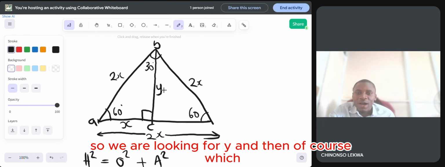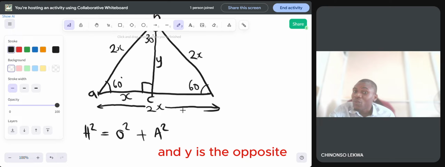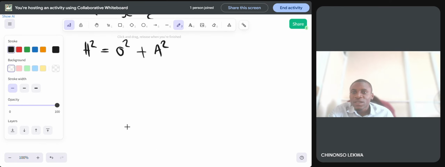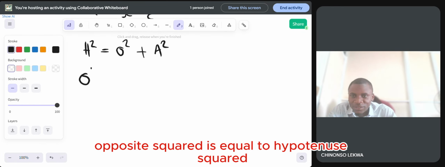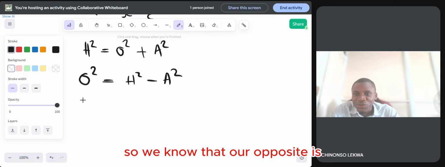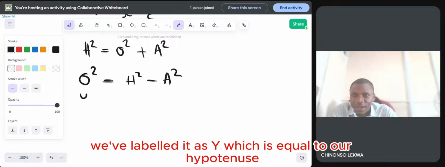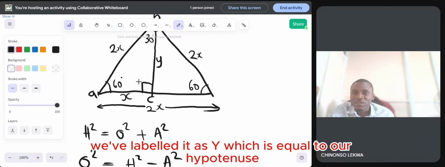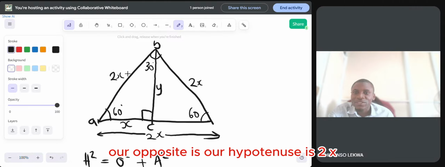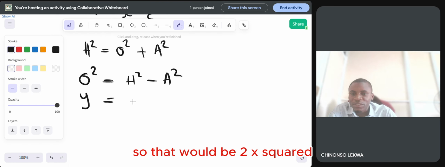We are looking for y, and y is the opposite. Rearranging this, the opposite squared is equal to hypotenuse squared minus the adjacent squared. So our opposite is y, our hypotenuse is 2x, so that would be 2x squared.